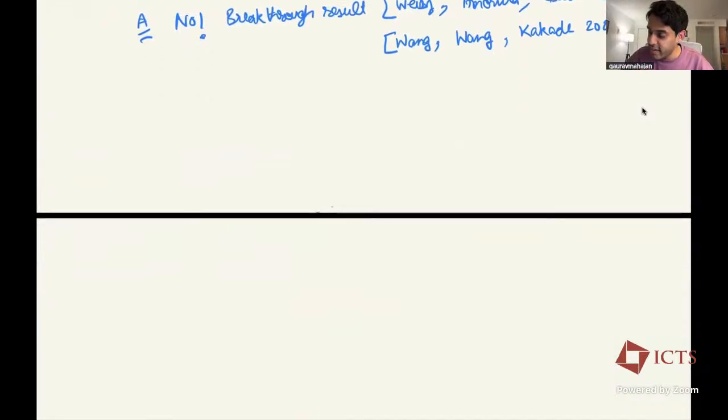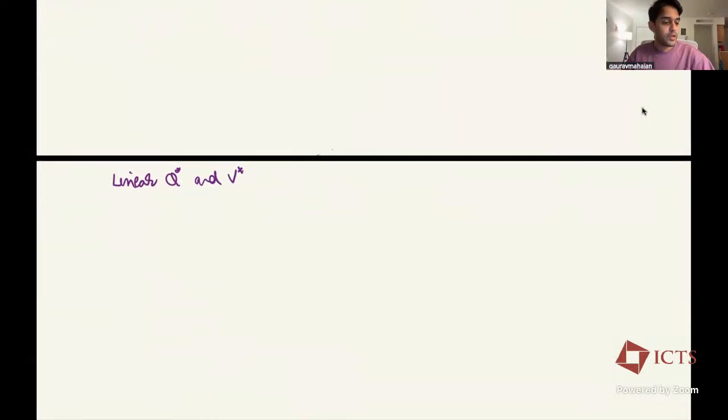Okay, so let's pick the next best. And that's basically assuming both Q star and V star are linear. So what does this mean? You have two sets of features now, and there's some kind of interaction between them. So linear V star means the same thing as before.